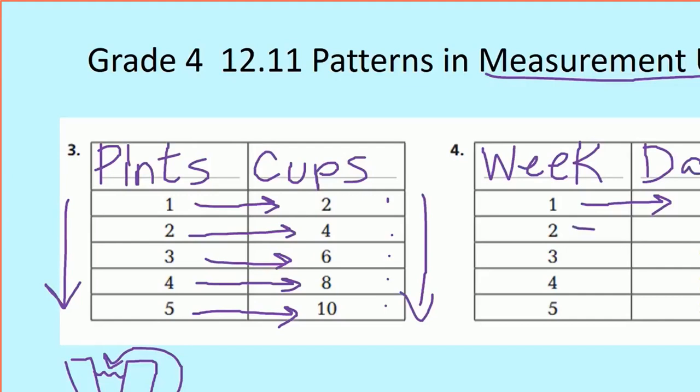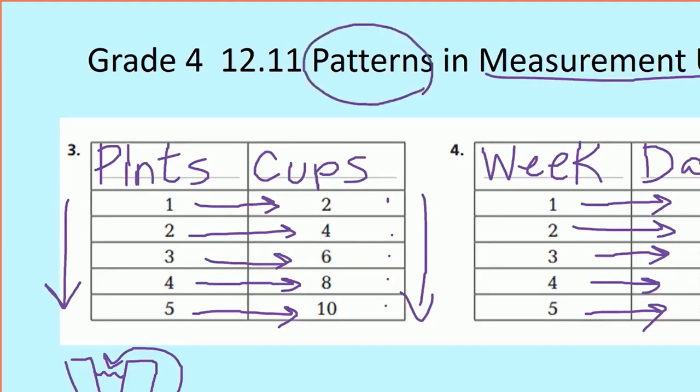So 2 weeks equals 14 days. 3 weeks is 21 days. 4 weeks is 28 days. 5 weeks is 35 days. And if you look down this way, do you notice it's just the multiples of 7 going down? Right? 7, 14, 21, 28, 35. That's why this is patterns in measurement, right? Good work.